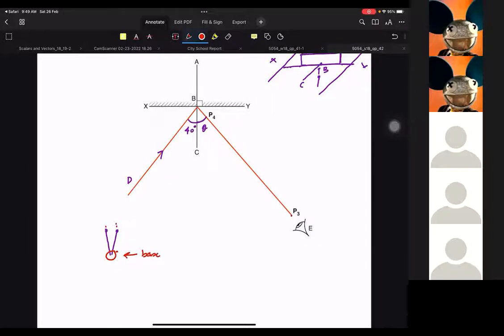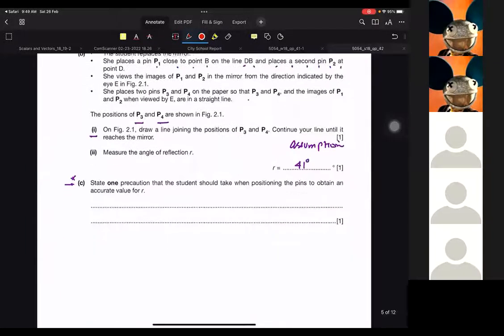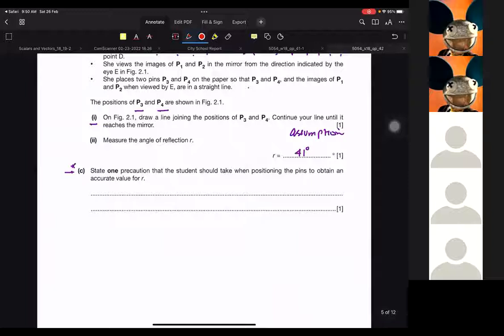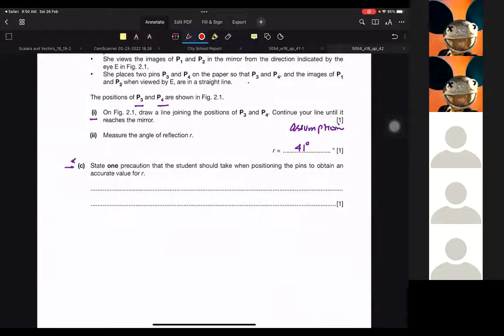So if I were you, writing this point, I would always say that the student should be viewing the pins at their bases when aligning with each other.